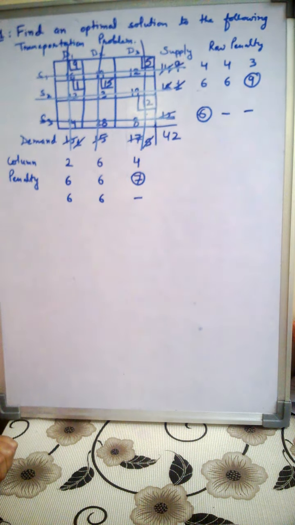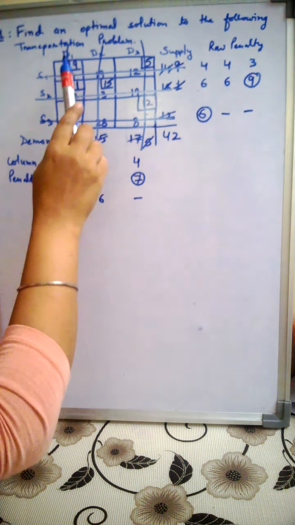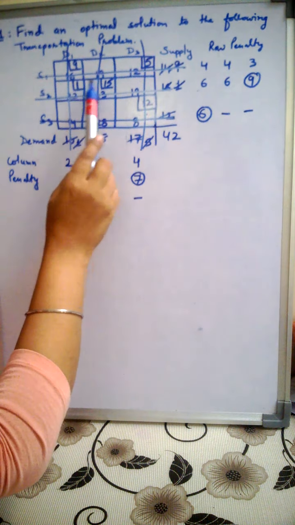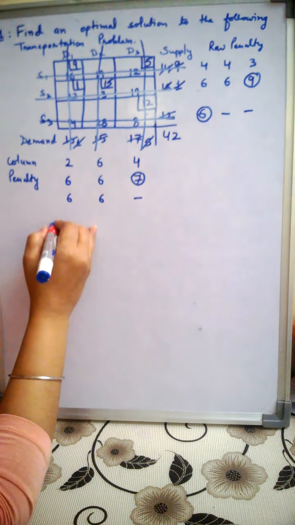But as discussed in the previous lecture, to check optimality we use modified distribution method or MODI method, and for that our solution must be non-degenerate. So here the number of occupied cells are 1, 2, 3, 4 and 5. And what is the value of m plus n minus 1?